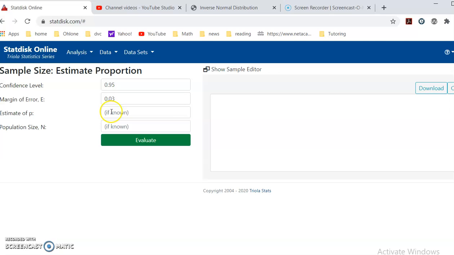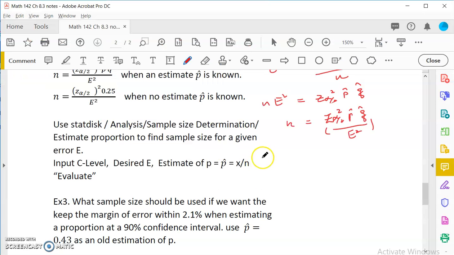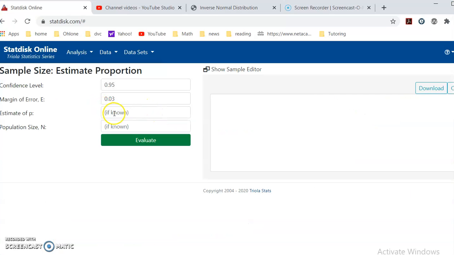If you leave it blank, then they would use a default of 0.25. That means they have a default of 0.5 and 0.5. So if p hat is unknown and you're doing hand calculation, then use 0.5. Q hat, if it's unknown, also use 0.5.